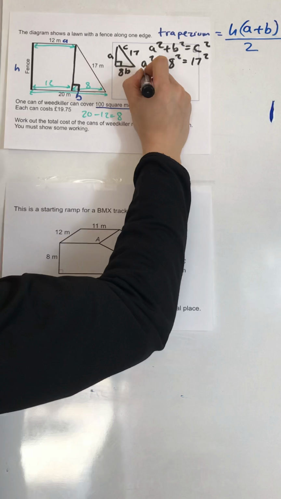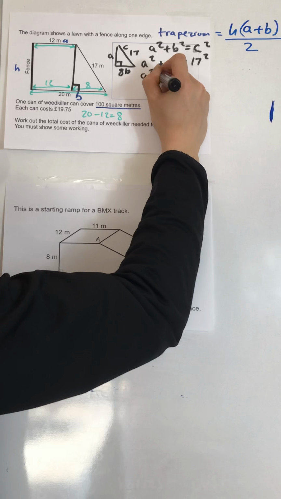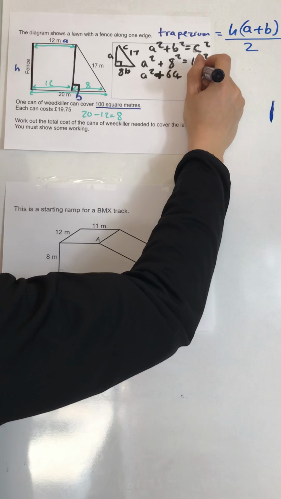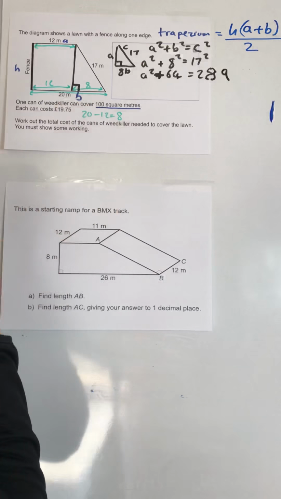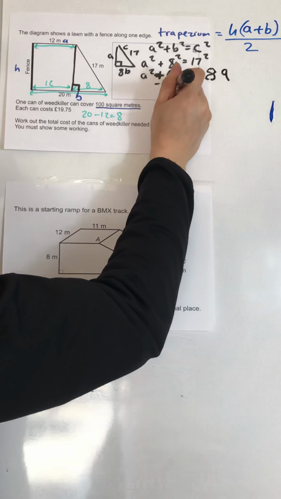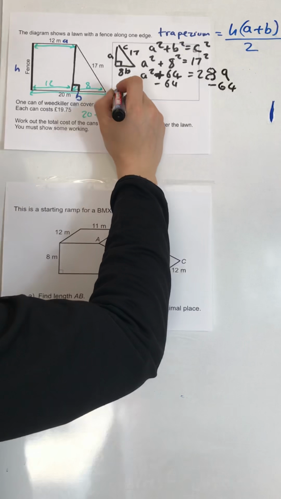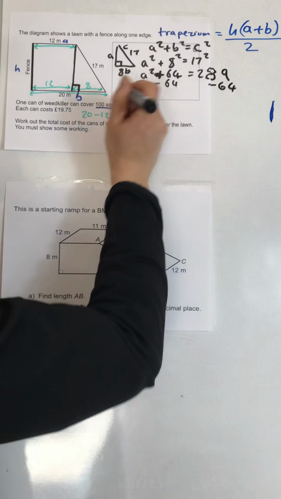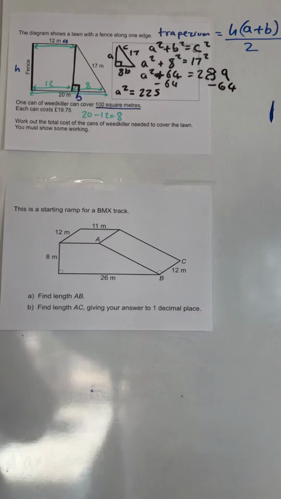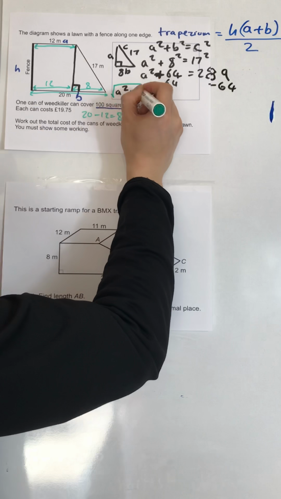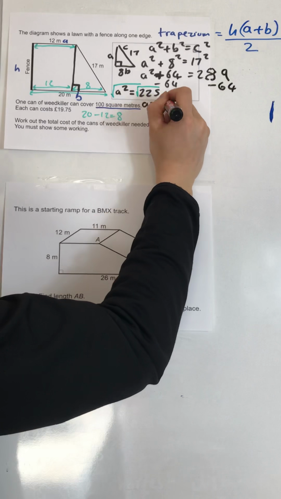So A squared plus 64 equals 289, minus 64 on both sides. So we now get A squared equals 225. I'm going to square root both sides to find A. So A equals 15 metres.